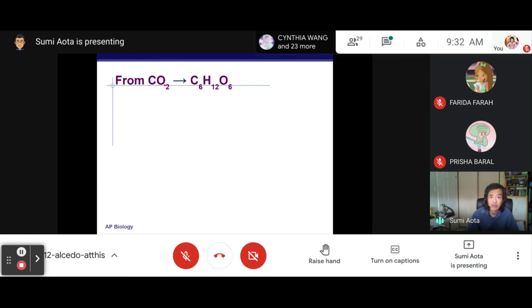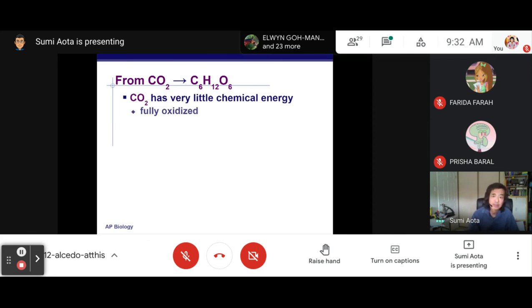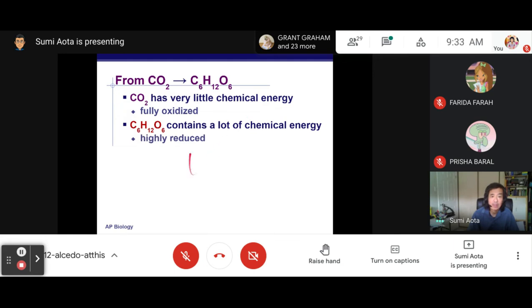Okay, so we're going from CO2 to glucose. Carbon dioxide, as you know, has very little chemical energy in it because it's fully oxidized, whereas glucose has a lot of chemical energy, because it's highly reduced, right? It has a lot of hydrogens attached to it. Synthesis, as we've already discussed, is endergonic.